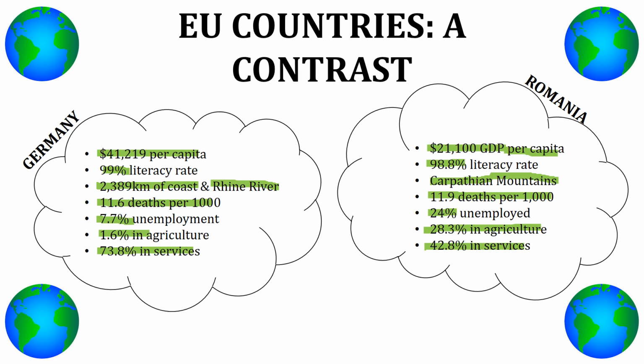In Germany, only 1.6% of the population work in agriculture, whereas in Romania this is significantly higher, at 28.3%. In Germany, 73.8% work in services, and in Romania this is significantly lower at 42.8%. So if you take agriculture and services, agriculture is significantly lower in Germany, but services are significantly higher. This is because they've got more education.